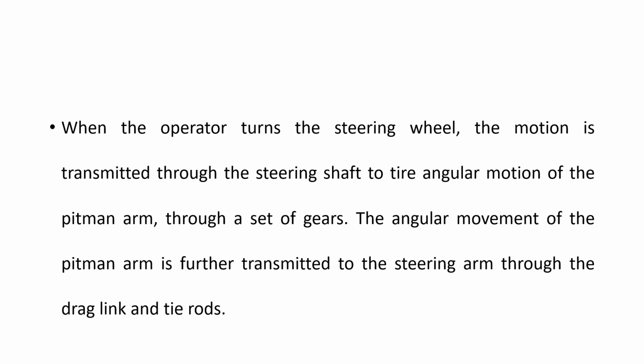When the operator turns the wheel, the motion is transmitted through the steering shaft to the gear, and to the angular movement of the pitman. We have a set of gears, and the steering box can have different types of arrangements. The twisting force is also multiplied, based on the gear ratio. The angular movement of the pitman is further transmitted to the steering arm through the drag link and also the tie rods.